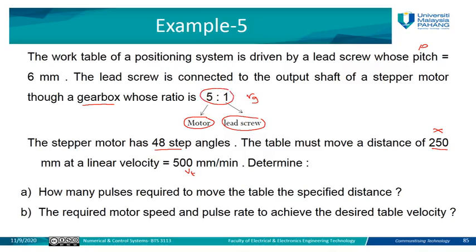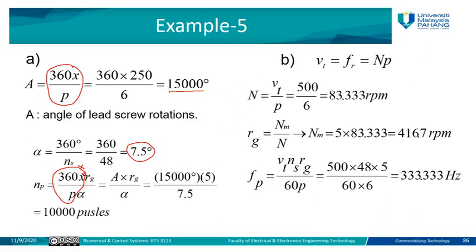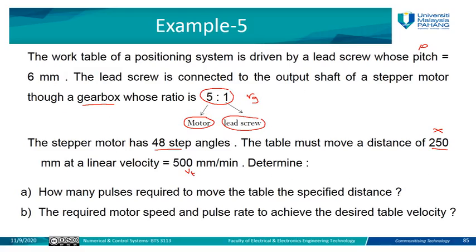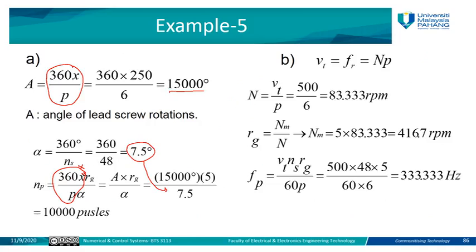So it is 5, and we have the alpha that we calculated here, 7.5, and we just place it here. So the number of pulses required, which is in part a, how many pulses are required to move the table the specified distance of 250 millimeter, is equal to 10,000 pulses.